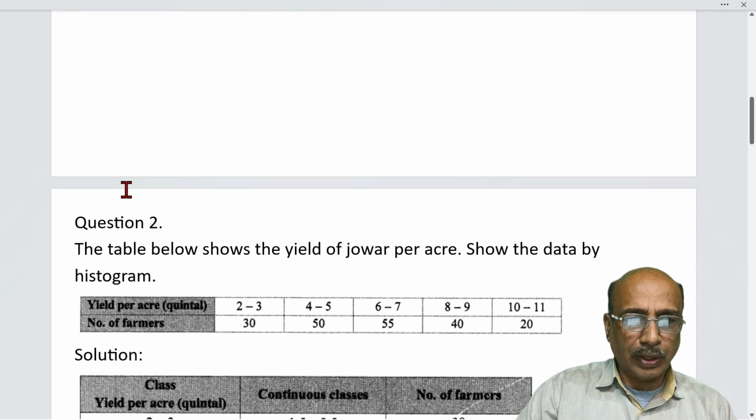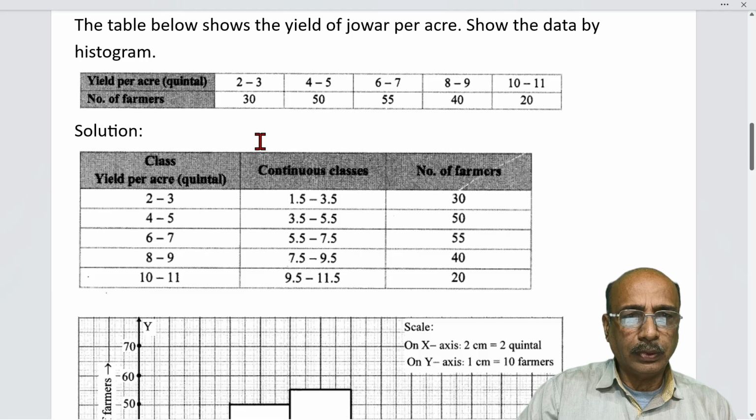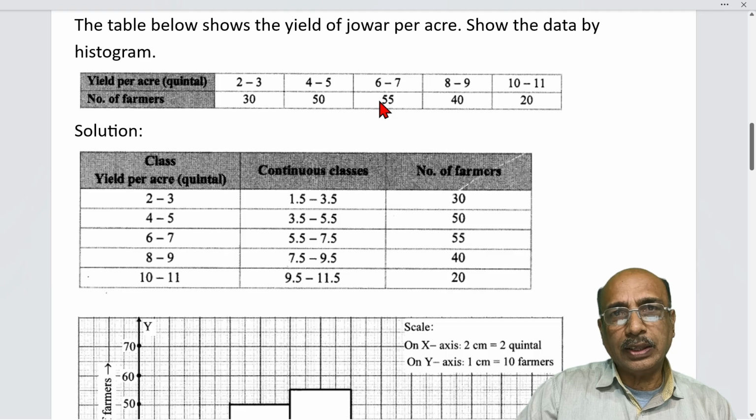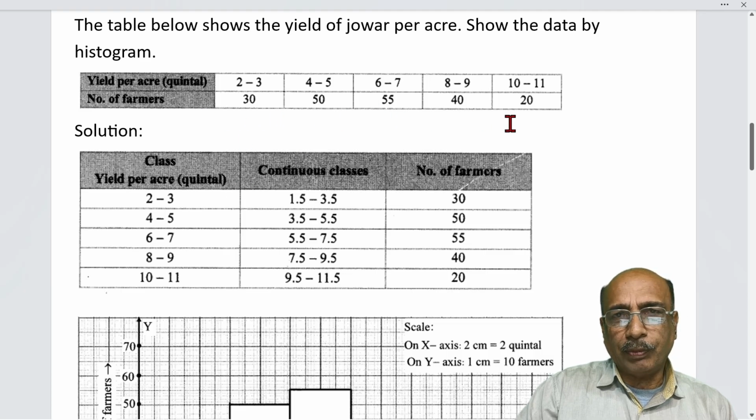The second problem. The table below shows the yield of jawar per acre. Show the data by a histogram. Here yield per acre is given in quintals, but you see the class is not continuous. So we have to make the classes continuous, and the number of farmers is given as the frequency.